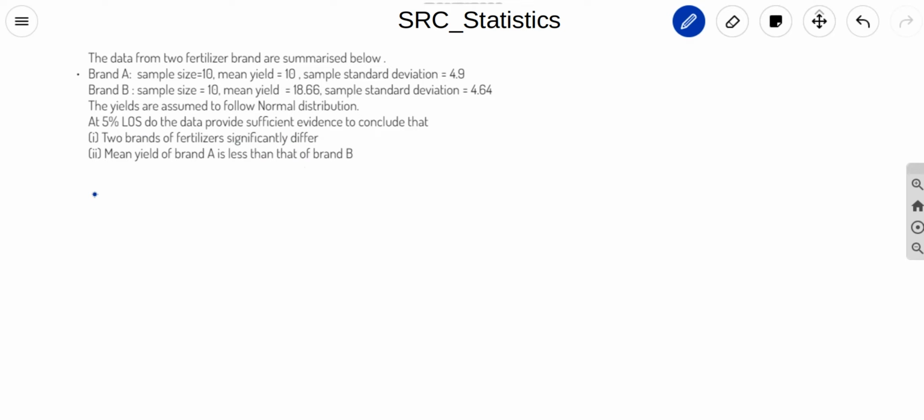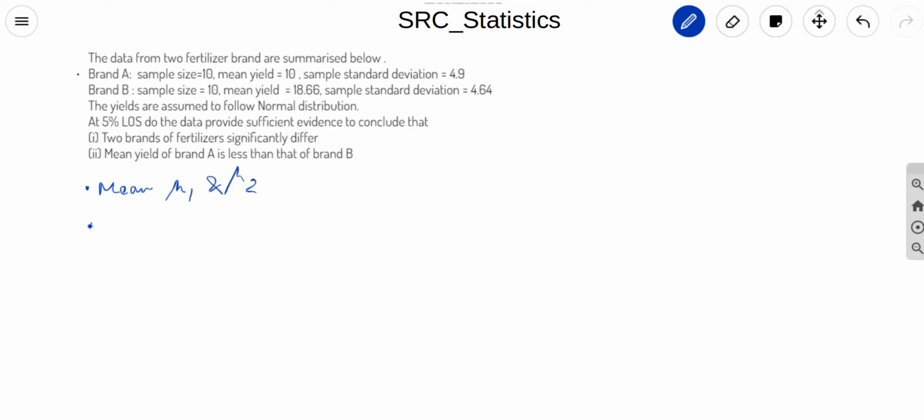Okay, so from the question we understand that we test for mean yield. So population mean, and there are two samples brand A and brand B. That means we are comparing means for two populations, suppose mu1 and mu2.